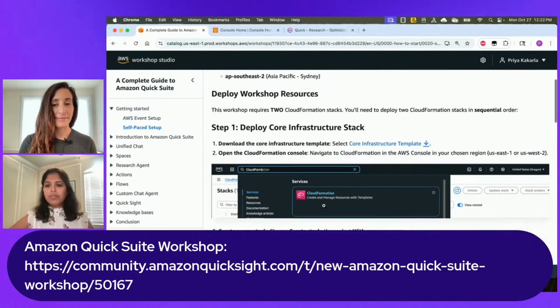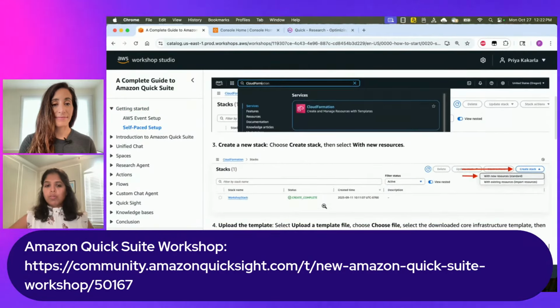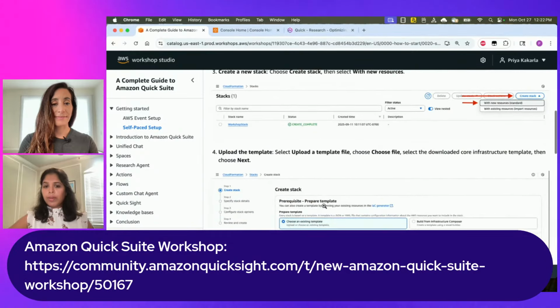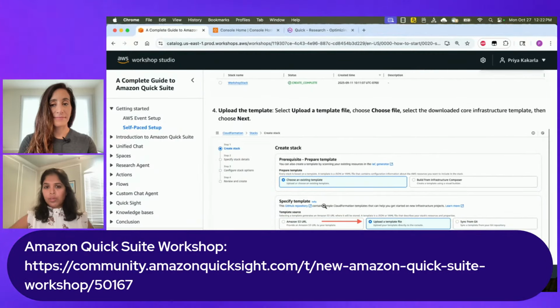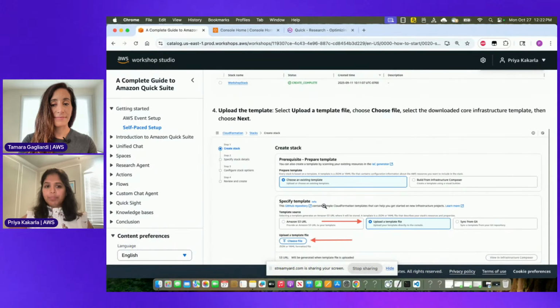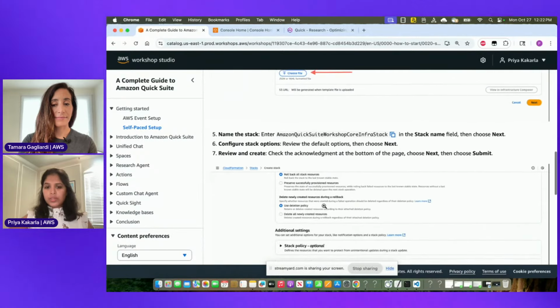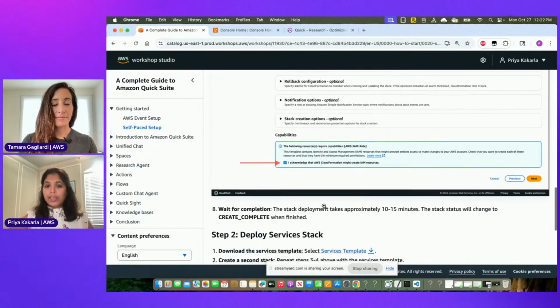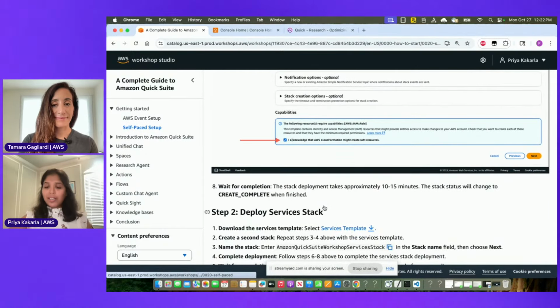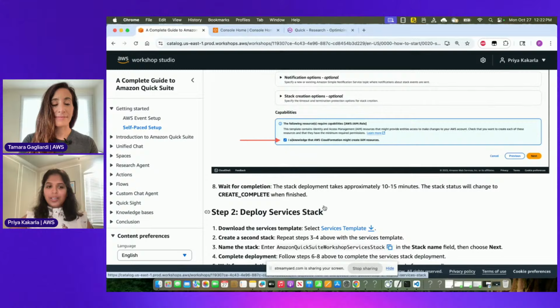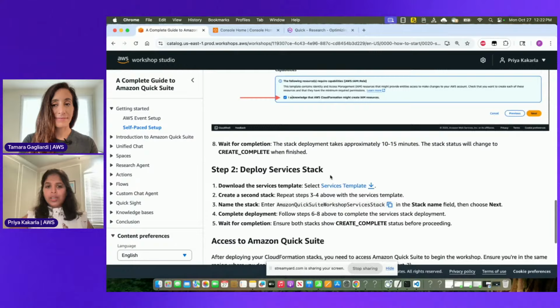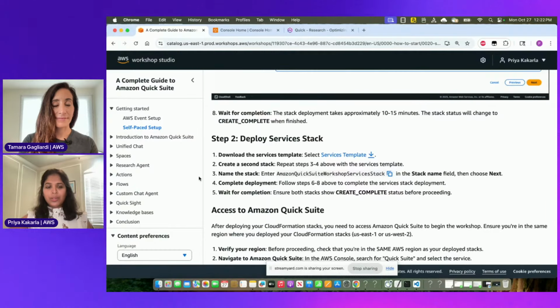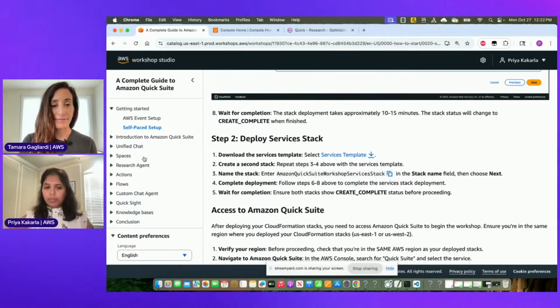It is a very detailed workshop, with step-by-step instructions. As long as you have your AWS account, you can follow through these instructions, and you can build a chat agent, build a space, and build a dashboard in QuickSight. All the features that Amazon Quick Suite supports are here, and some, like automate, we are working on that will also be added to this workshop in the future.